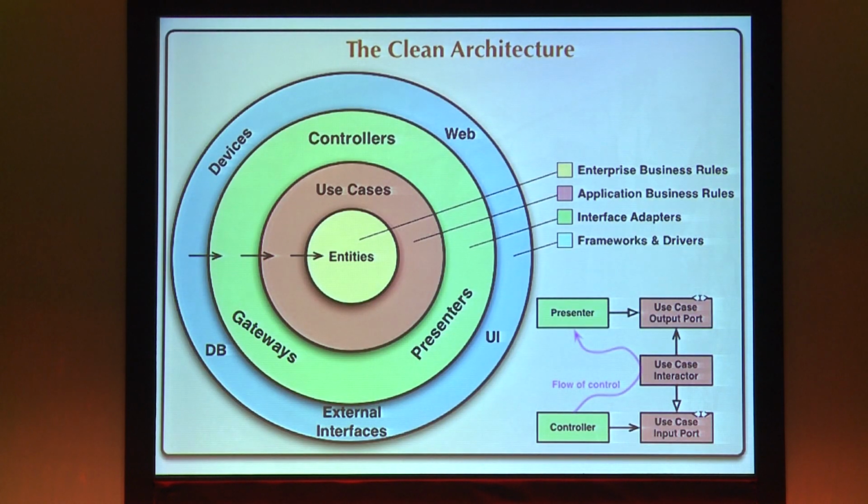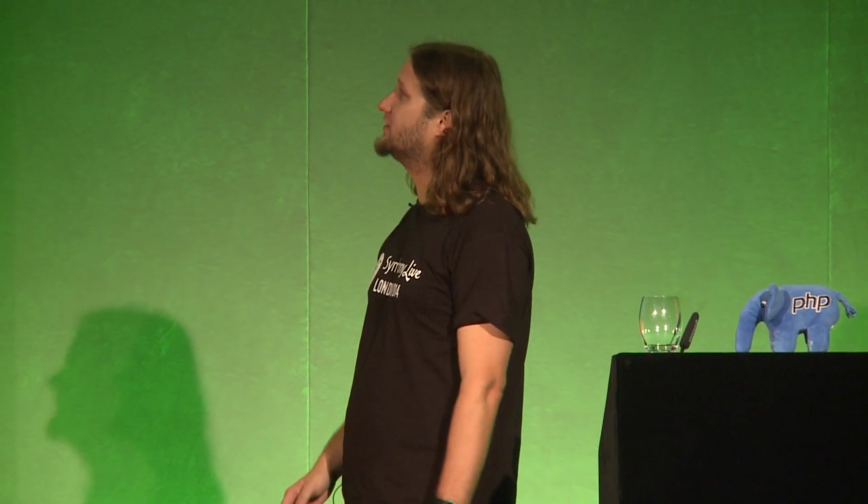It better illustrates how dependencies go, because all those internal circles, they cannot talk to anyone, right? Entities cannot talk to anyone. Use cases can talk to entities. So dependencies go inwards. Okay, so we have entities, use cases, controllers, and stuff. Outside, there are things like database, like HTTP clients, all those implementation details.